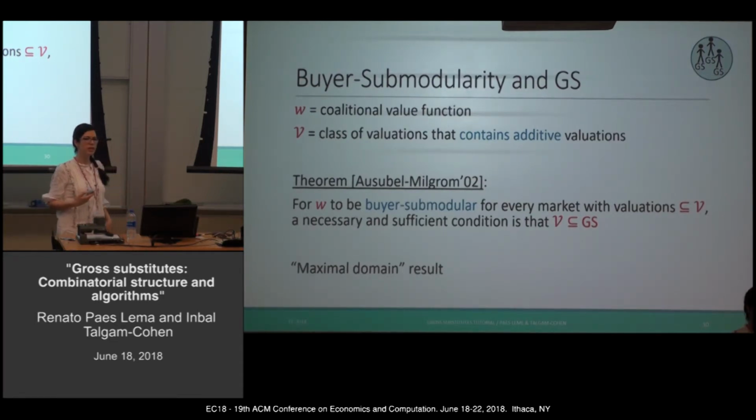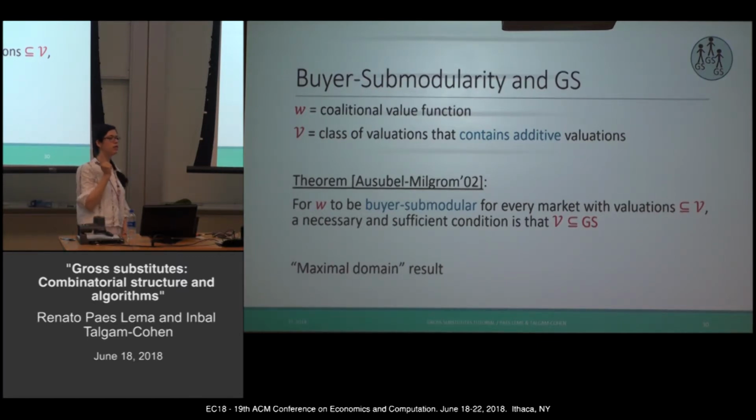Now, more formally, this is a maximal domain result, like the one that we saw in the first part of the talk for existence of equilibrium. So formally, you take a class of valuations that contains within it additive valuations. Before we had unit demand, now we have additive. And the statement says that for every market with valuations coming from this class, a necessary and sufficient condition for buyer submodularity is that all valuations in the class are gross substitutes.